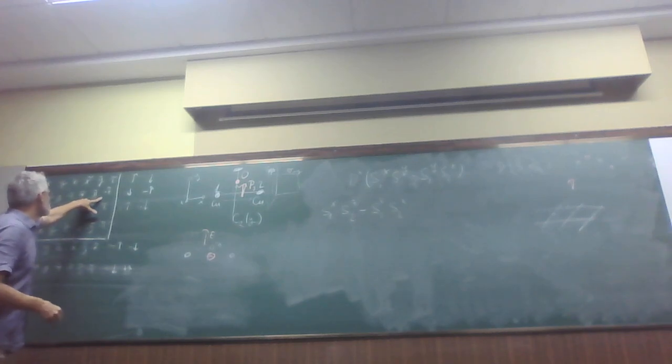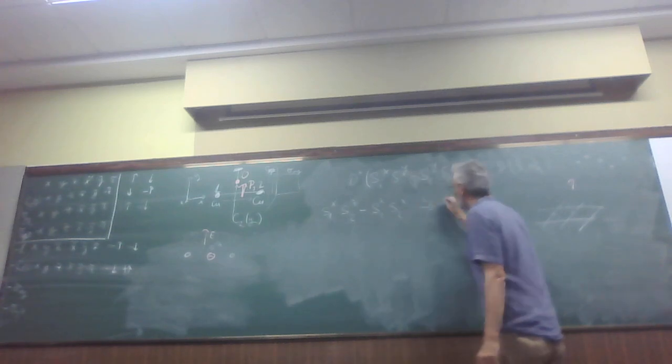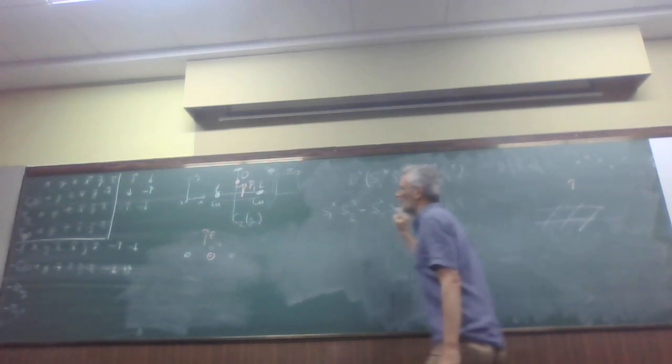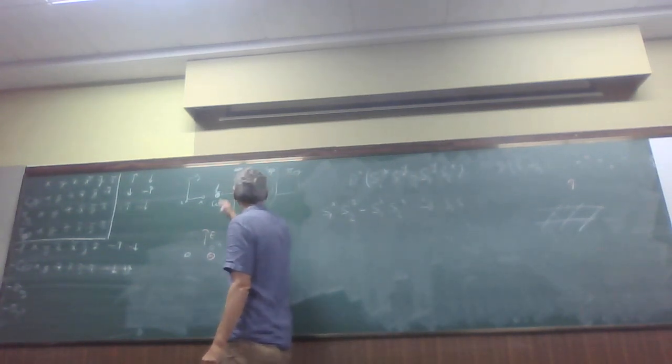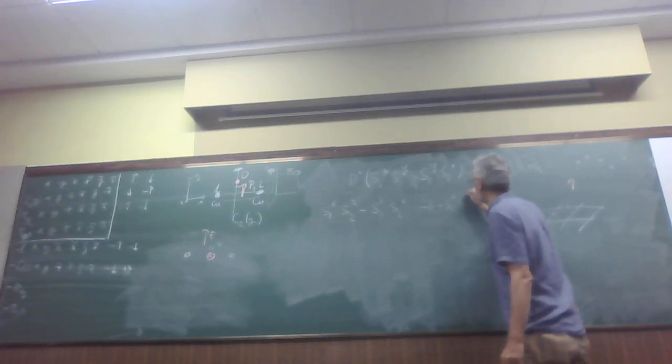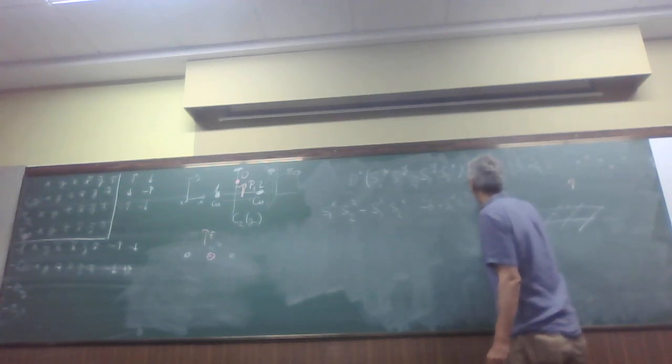So if we apply the C2 Y, it will change the sign of the X and Z. So the C2 will just leave it as is. But we need to change the 1 and 2. So there will be minus S1 X S2 Z plus S1 Z S2 X.